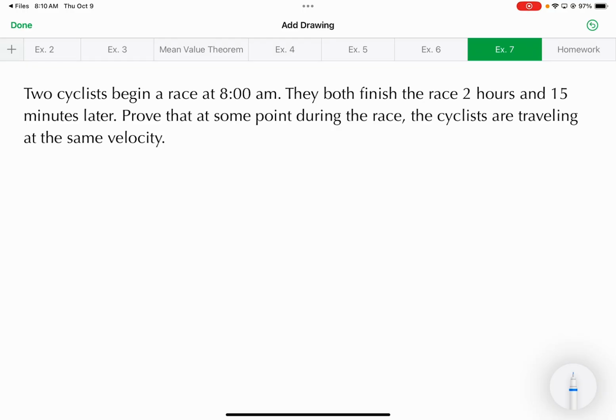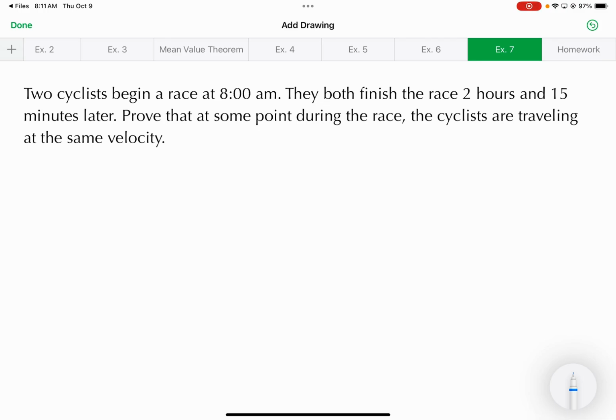Now, can we assume that they're just like riding side by side the entire time? No. They're probably changing velocity throughout the race, right? Independent from each other, right? So here's what we can assume. We know that they start at the same place, right? And then they end at the same place at the same time, okay?